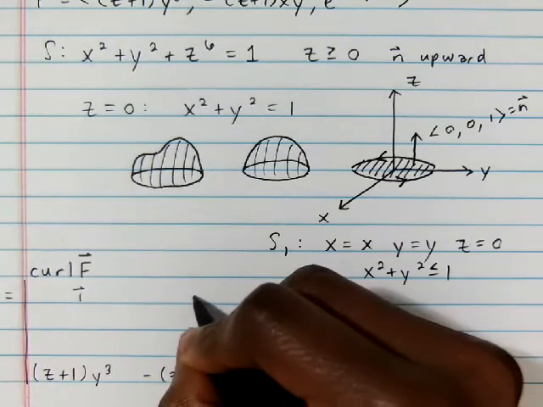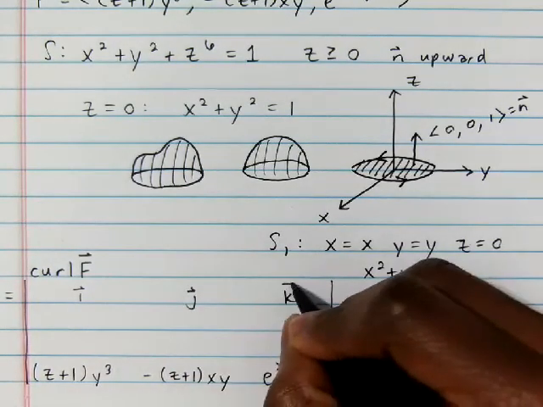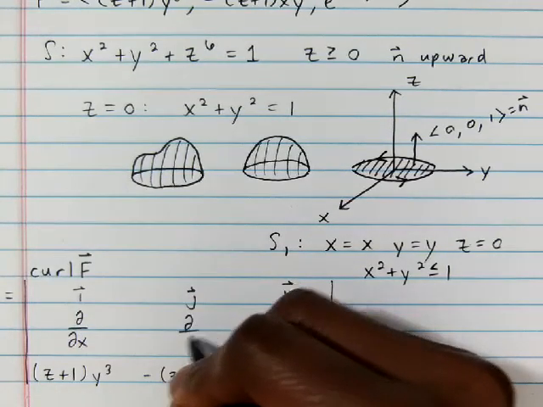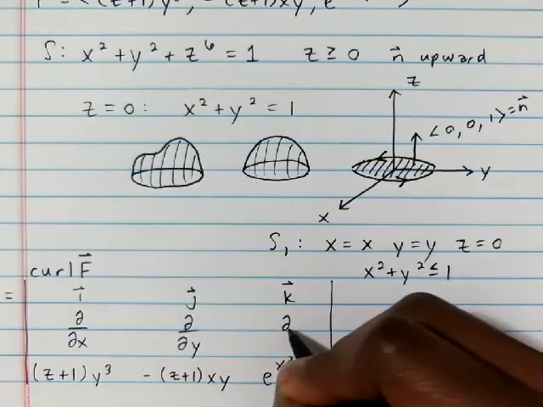So i, j, k, partial with respect to x, partial with respect to y, partial with respect to z.